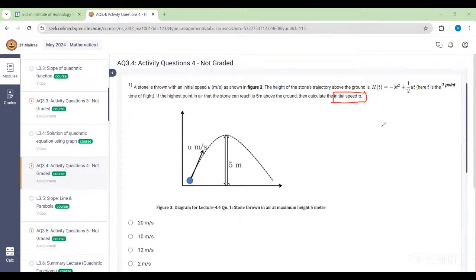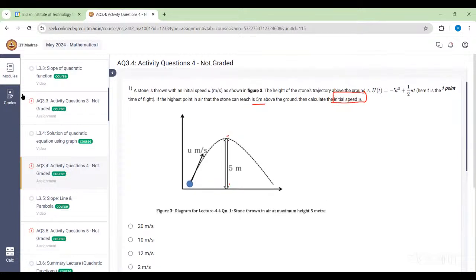If we find the x coordinate of the vertex, we get something in terms of u. If you find the y coordinate, then also we get something in terms of u. Then we can equate that to 5 meter and solve to find the value of u. We have the x coordinate, u by 20, and the y coordinate, 5u square by 400. So we get one expression involving u.